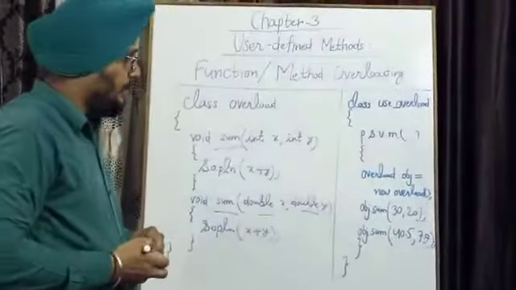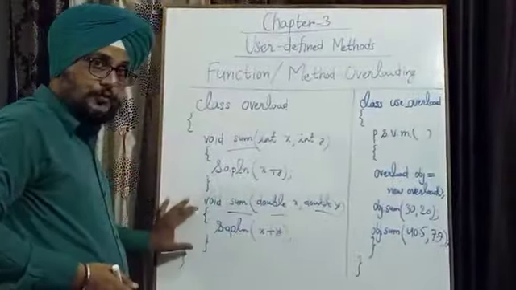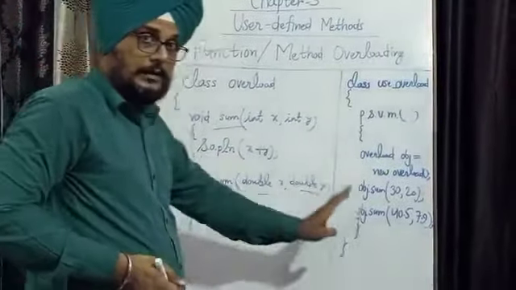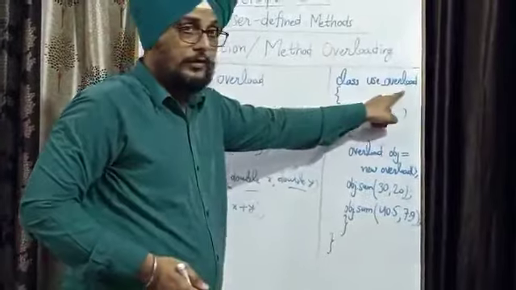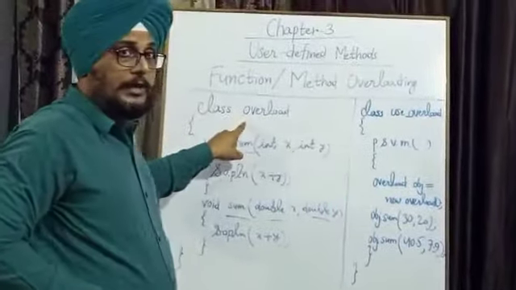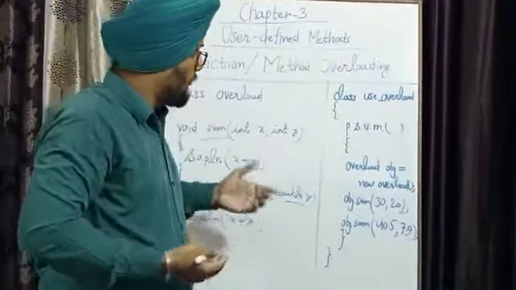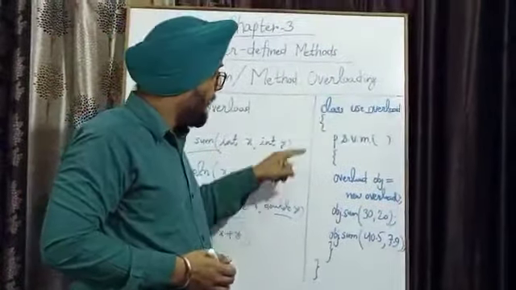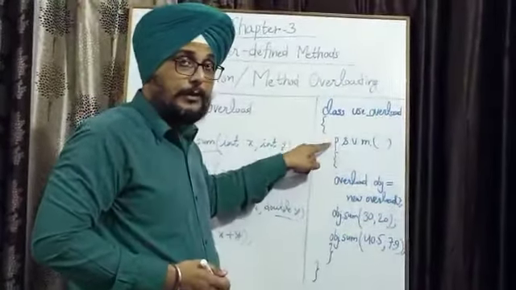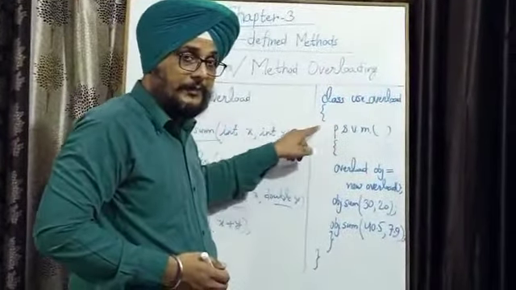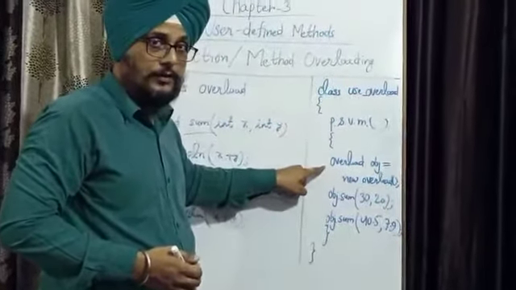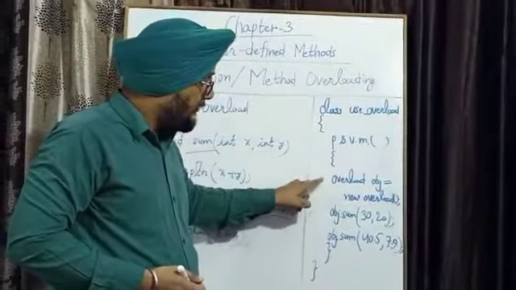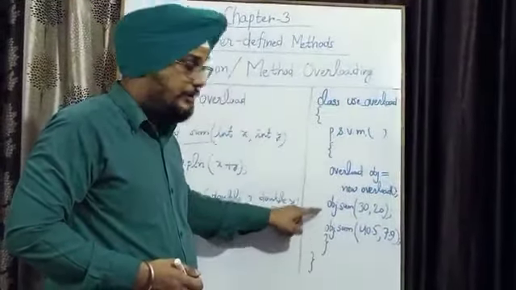After closing the braces of the class, we come to the other class, UseOverload. The main class was Overload, and we are going to use these functions inside the other class. Inside public static void main, we will create the object of the Overload class, and we will use these two statements.